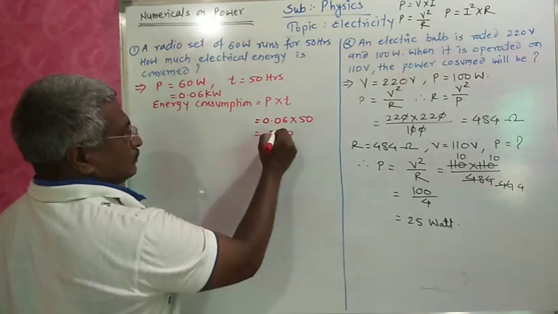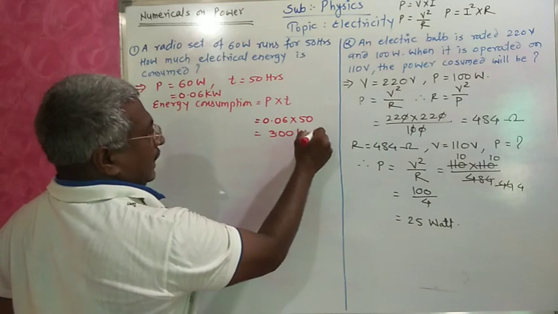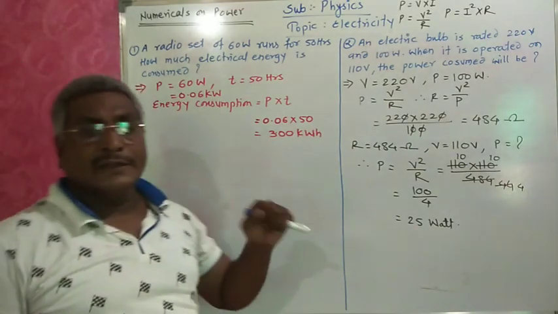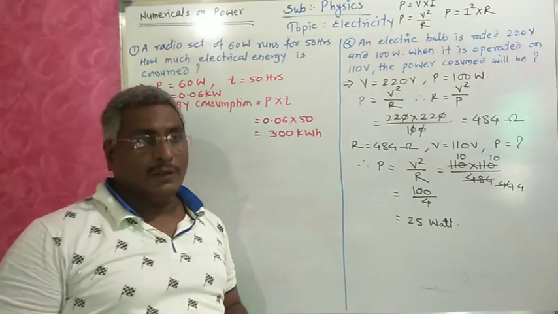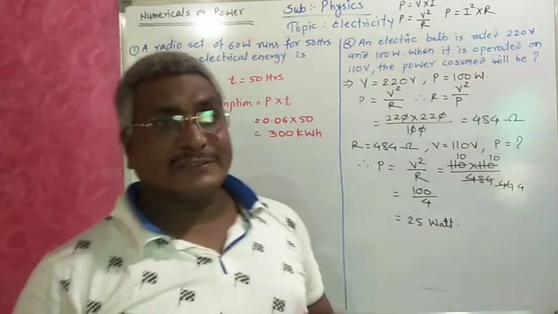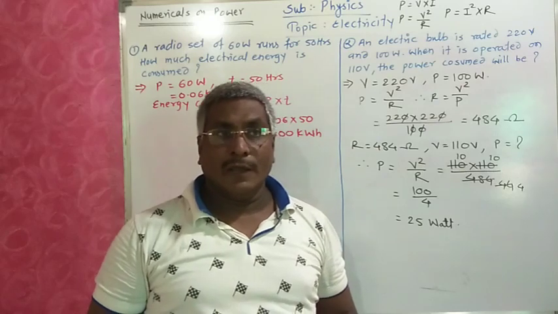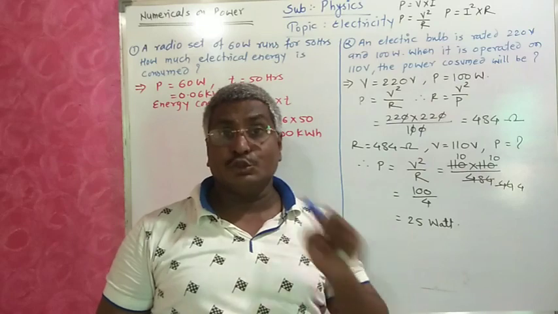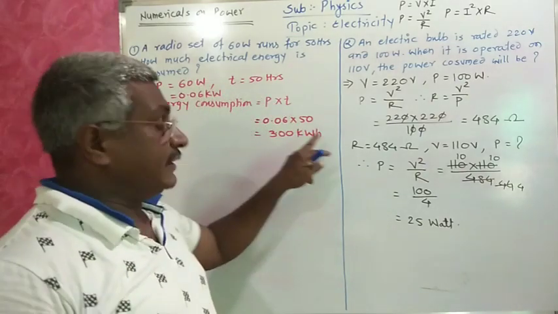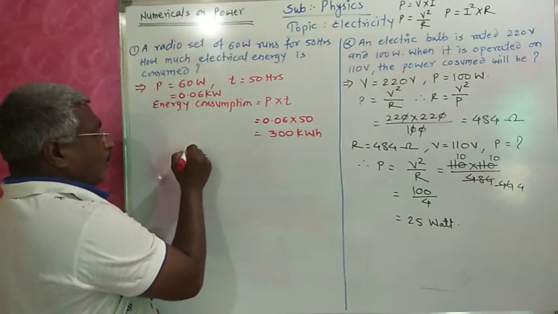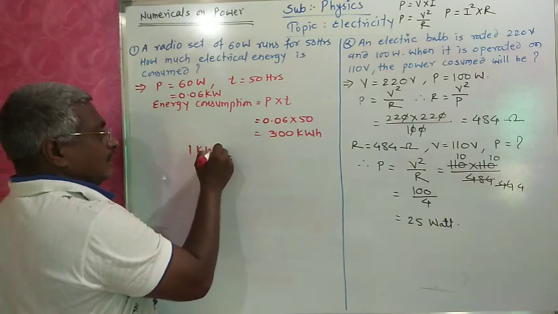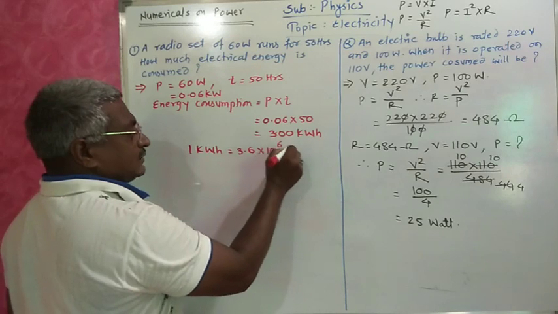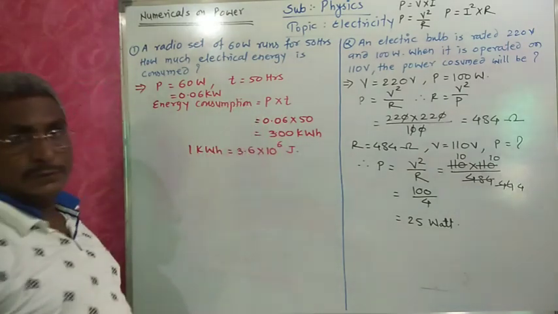0 means 3 kilowatt hour. What is the energy consumption? 3 kilowatt hour. Now we got the answer in kilowatt hour. We studied the relation between kilowatt hour and joule. So now we have to convert into joule. So 1 kilowatt hour equals 3.6 into 10 raised to the power 6 joule.